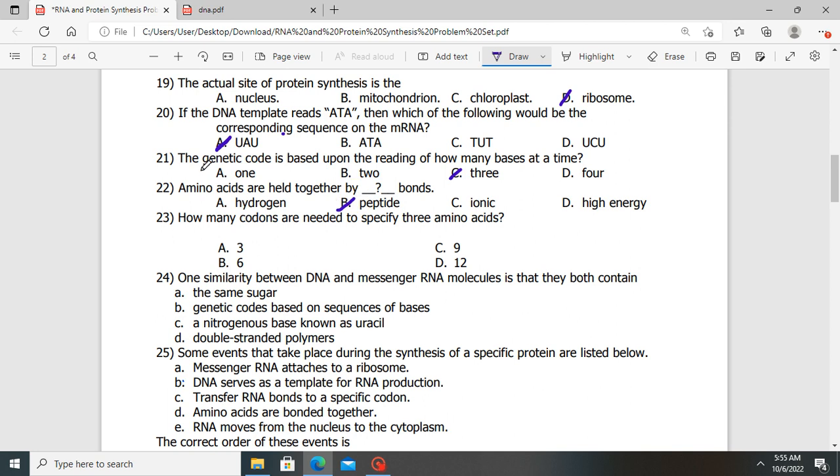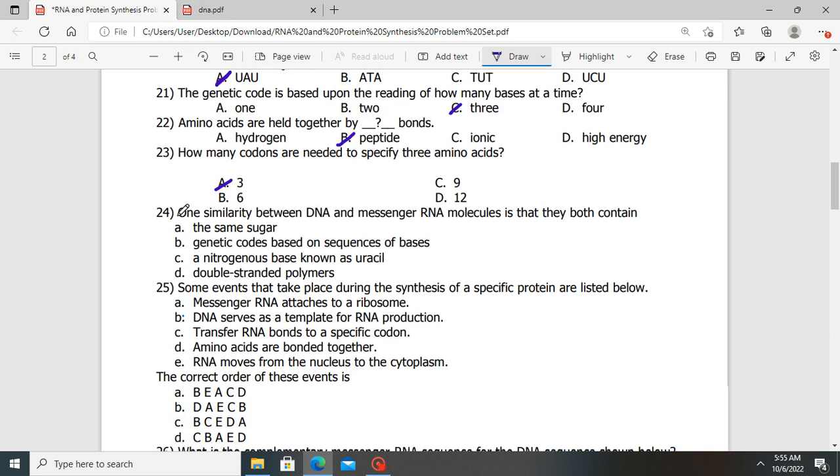So for 22, the answer is B. 23. How many codons are needed to specify 3 amino acids? Each codon is made of 3 nitrogenous bases, so 3 amino acids are made of 3 codons. The answer for 23 is 3, which is A, but it will be made of 9 nitrogenous bases.